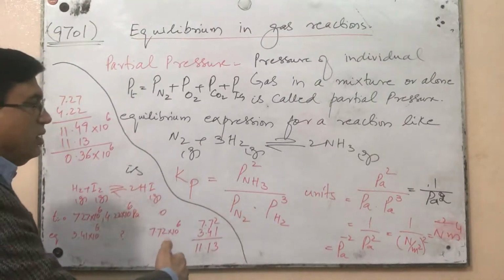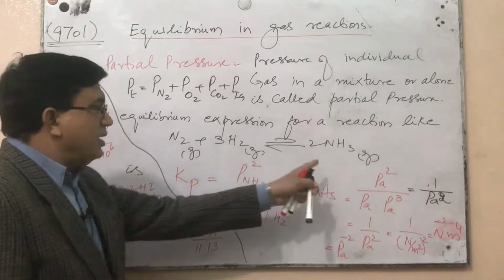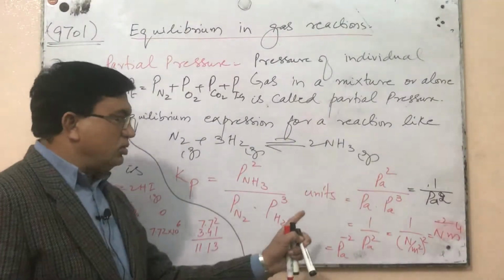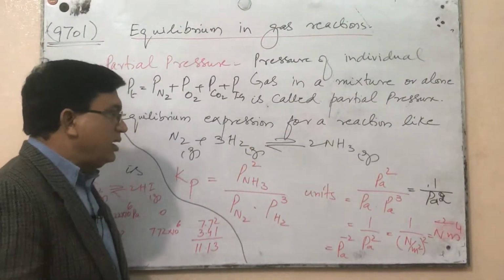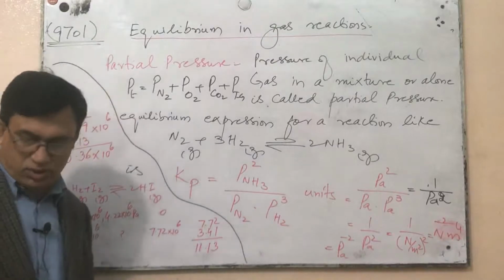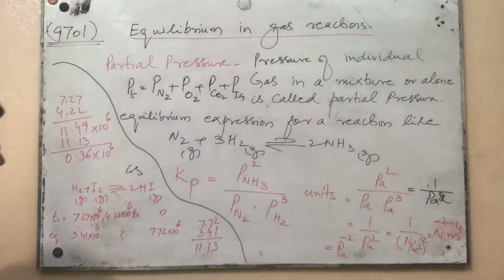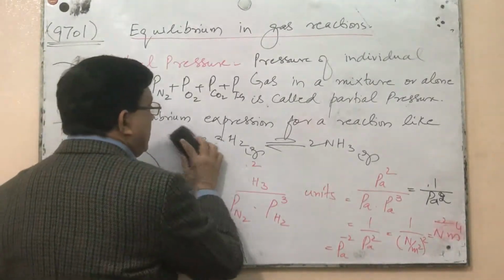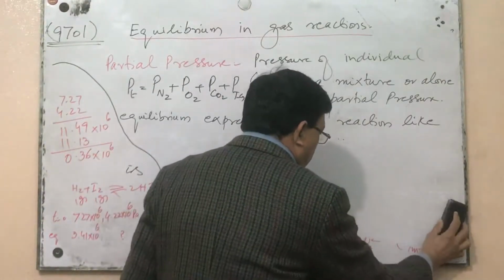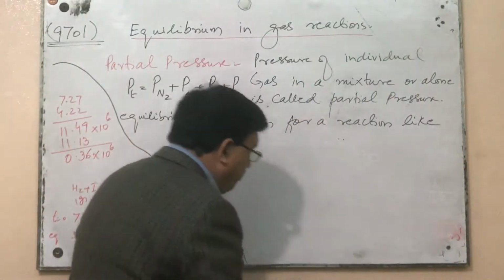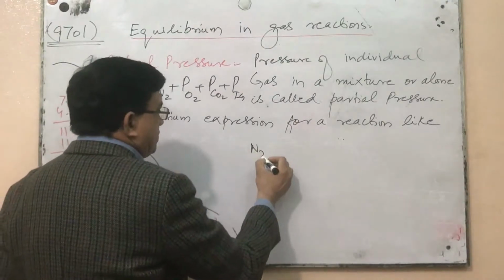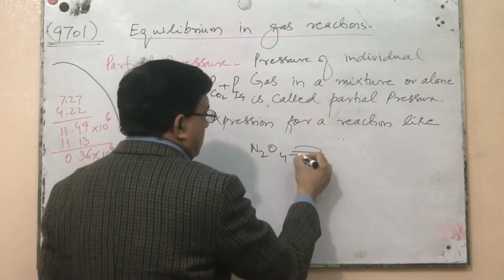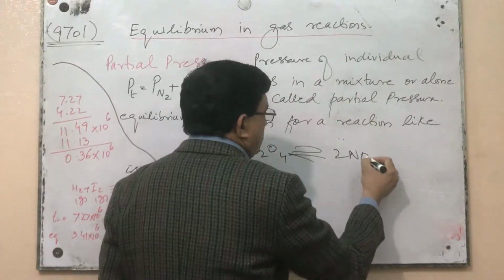In this manner, we can take any other example. We can write Kp in a similar manner, and we will use this expression for calculations. For example, take the reaction N2O4 changing into 2NO2.